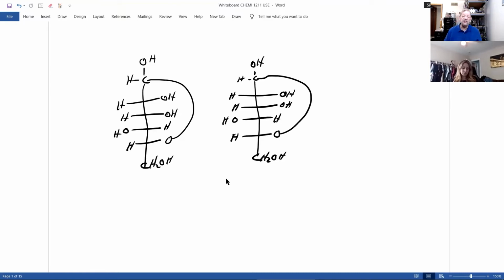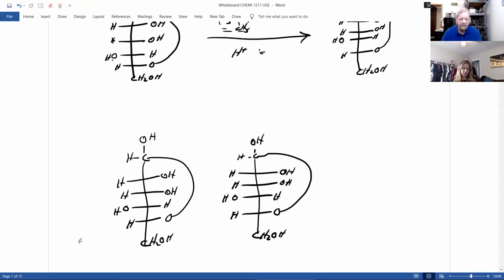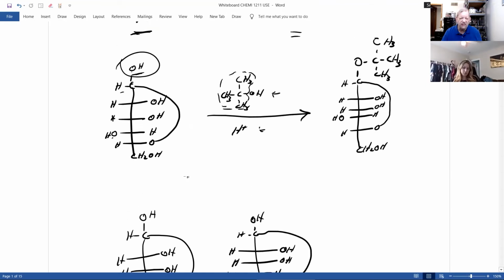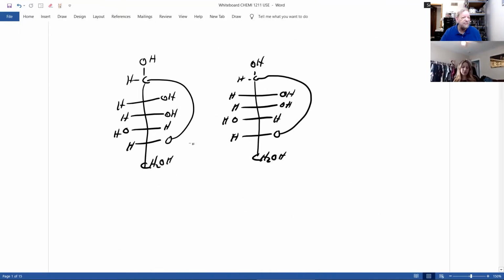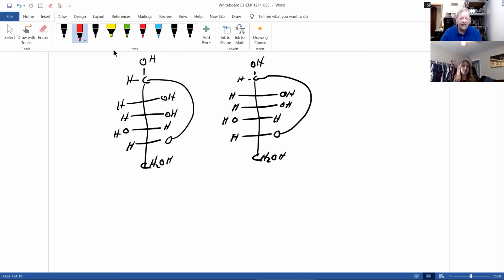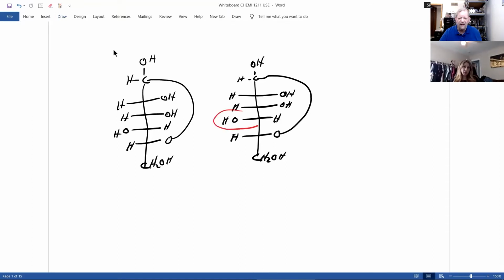If you look like you're seeing double on the screen, you are. Now let's take a look at this. Both are glucose in their cyclic form. And this reaction up here, notice an alcohol plus a hemiacetal gives me this acetal or ketal. Well, in this case, here is my alcohol. Here is the hydroxyl group I'll replace. And it does.